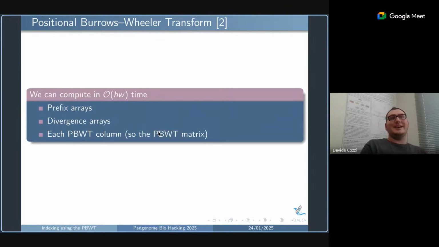Okay, again, we are computer scientists. What does efficient mean? In this case, efficient means that we can compute the whole set of prefix arrays, the whole set of divergence arrays, and also each PBWT column. And if we consider the whole set of PBWT columns, we obtain the PBWT matrix in a time that is linear in the size of the matrix.